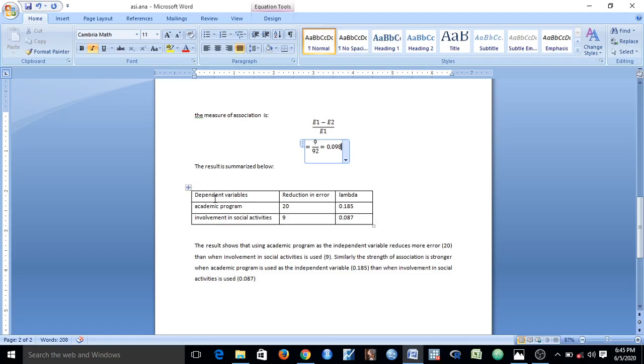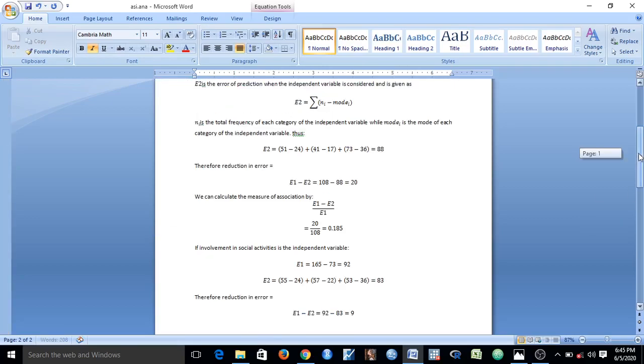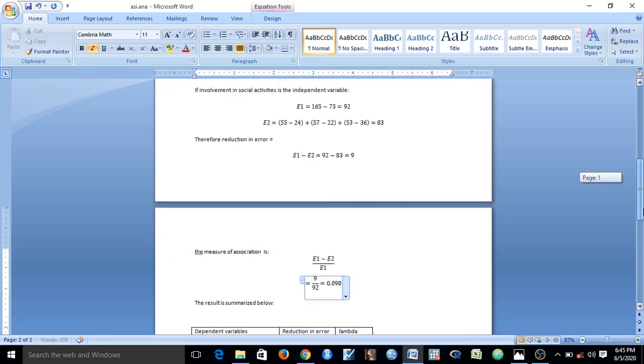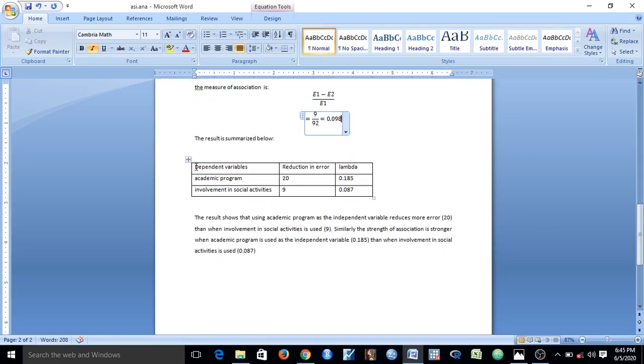Then we can summarize our results. When academic program is the independent variable, the reduction in error is 20 and lambda is 0.185.